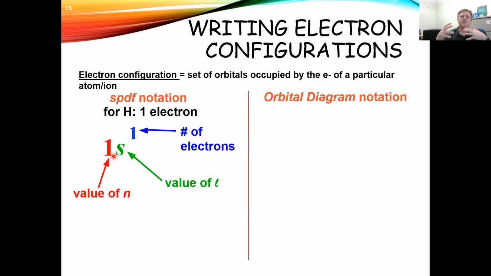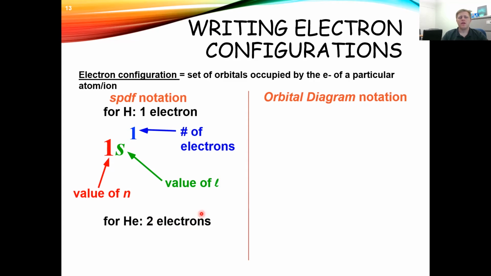In this case, for hydrogen, it's got one electron, and so it's going to start by filling the 1s orbital. And since hydrogen only has one electron, we'll say that there's one electron in there. So we put our value of n, our value of L, and our number of electrons in that subshell.